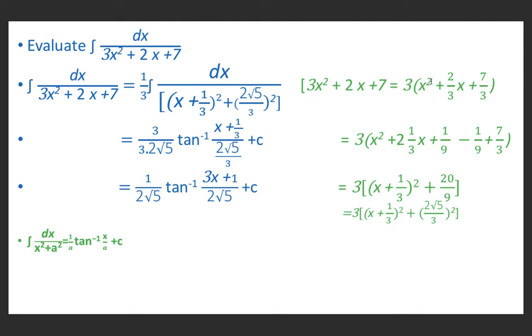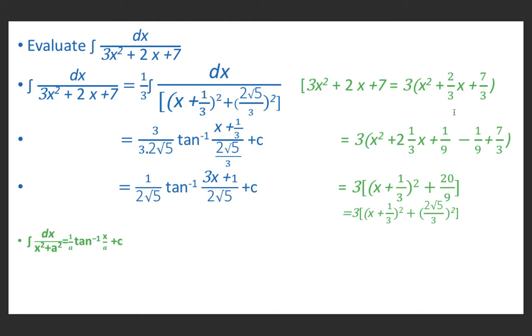Now find the coefficient of 2x. Coefficient of 2x here is 1 upon 3. Square and add. Square of 1 upon 3 is 1 upon 9. Then add and subtract 1 upon 9 from this expression. So x square plus 2 into 1 upon 3 x plus 1 upon 9 minus 1 upon 9 plus 7 upon 3.